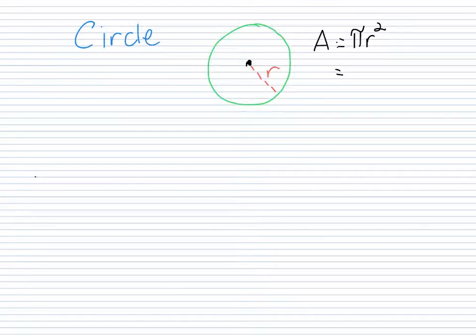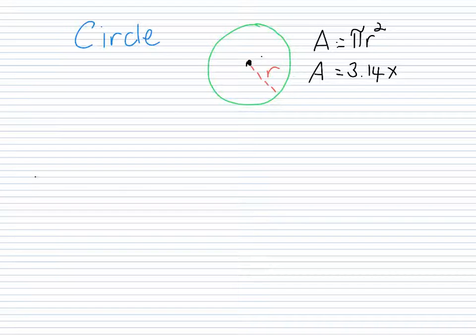On your calculator, you can just press the pi button, but for the purpose of this tutorial, I'm just going to round pi off as 3.14, but I would encourage you to actually use your pi button. So 3.14 times our radius.